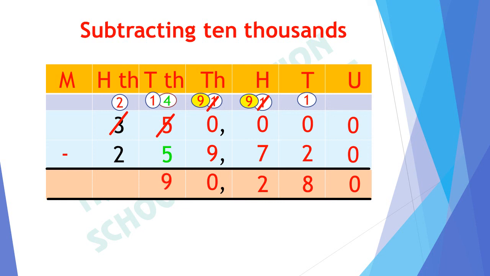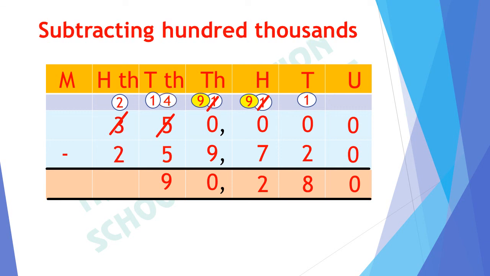If we subtract 5 from 14, we are left with 9. Now we will move towards 100,000. We have to take away 200,000 out of 200,000, and here we are left with 0. We don't write 0 at the highest place value. 90,280 kg weight can be loaded on the truck.